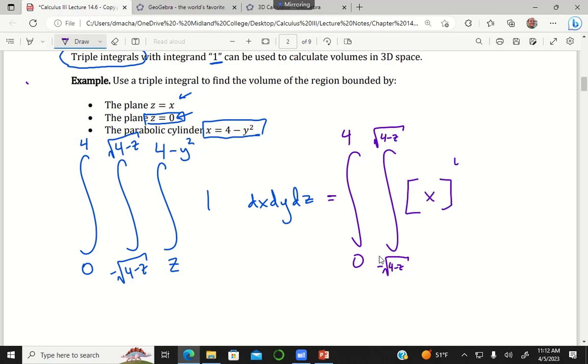And I'm going to evaluate that at 4 minus y squared and at z. So really, I can just write 4 minus y squared minus z.